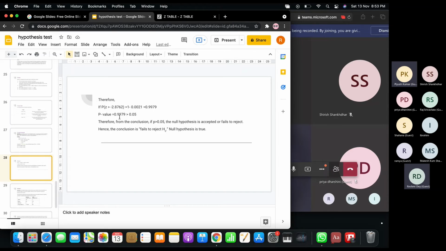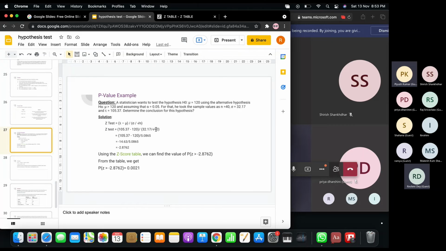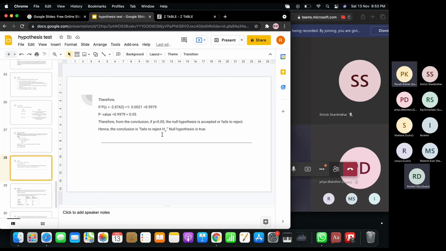That is our p-value. Since our p-value is greater than 0.05, we fail to reject our null hypothesis. The p-value is greater than the given level of significance, which is why we do not reject our null hypothesis.